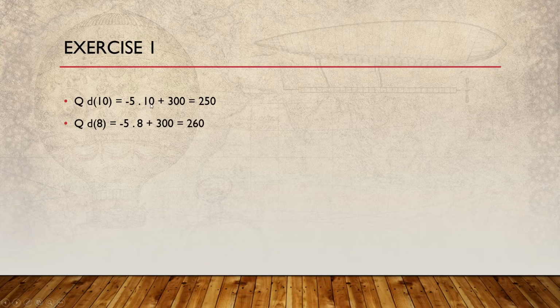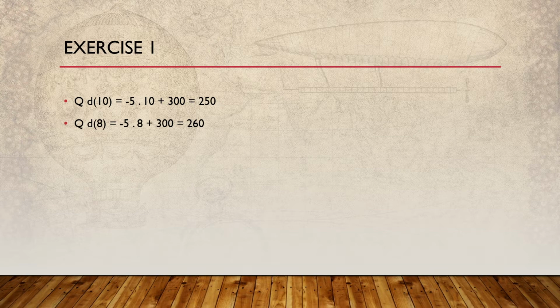If I put a 10 where the p used to be, I will get a very easy equation, and this will give me 250. So this could be a case where a company, or someone else, like a person, will buy 250 units of some kind of good. Let's say eggs, for example.